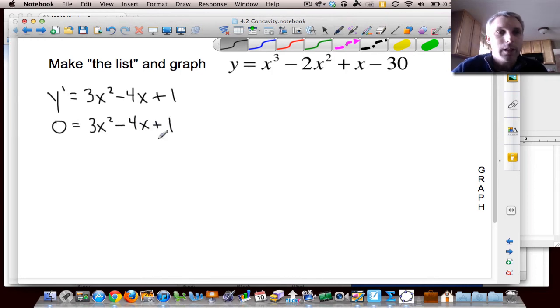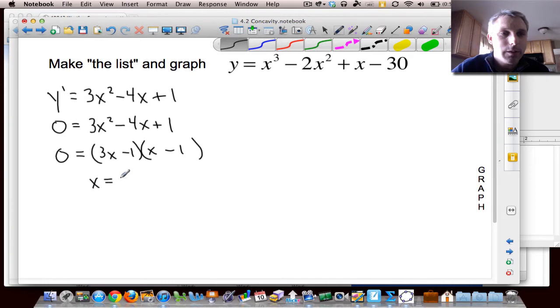Now this is a nice polynomial. It's never undefined, so we just need to find the zeros. So let's factor this thing. I think it factors nice. Double check me, but that looks good to me. Looks like I have a couple of critical points. I have a critical point at 1/3, and I have a critical point at 1.